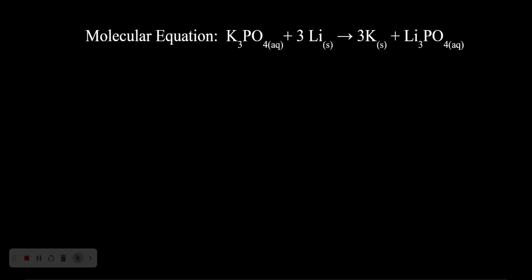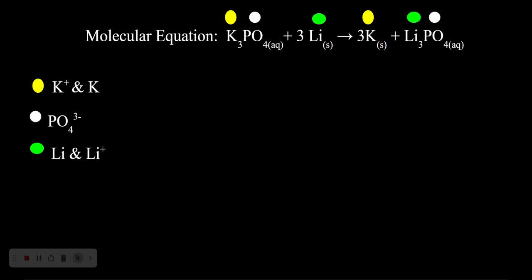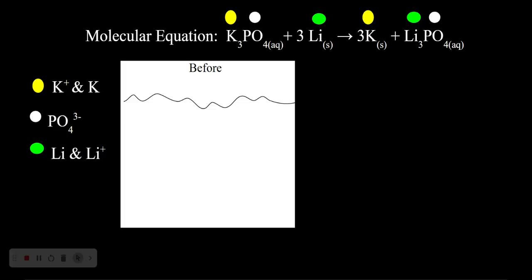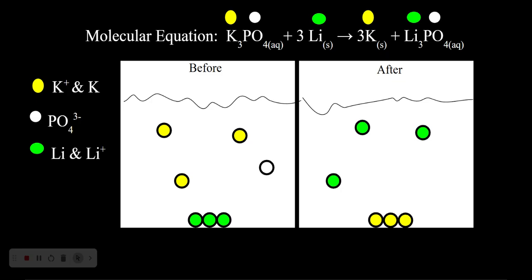Okay, one more. Here is our molecular equation. Yellow is for potassium, beautiful metal. Lithium is green, good choice, and white is phosphate. Then I put them in. So I'm going to have 3 potassiums, one phosphate, and 3 lithiums. They're going to make 3 of the same, except the yellows and the greens are swapping spots.